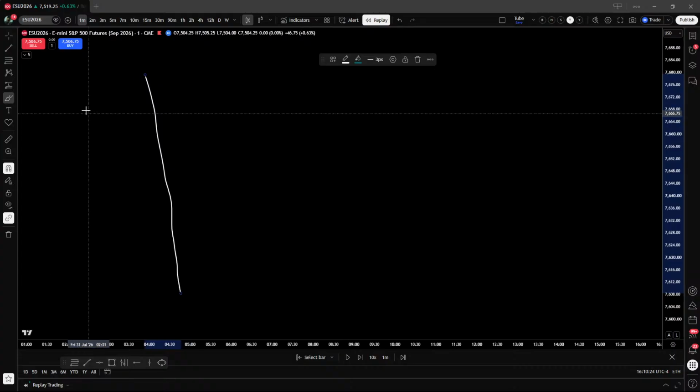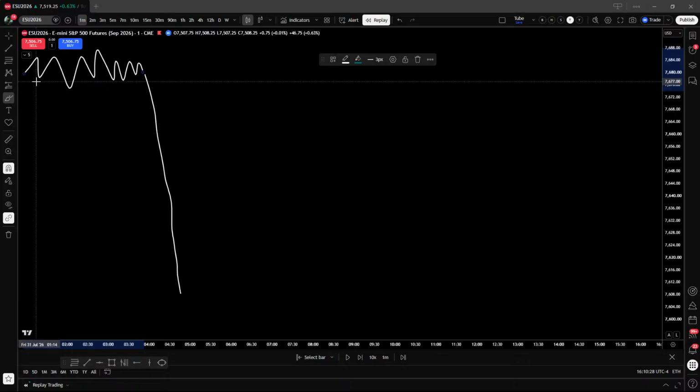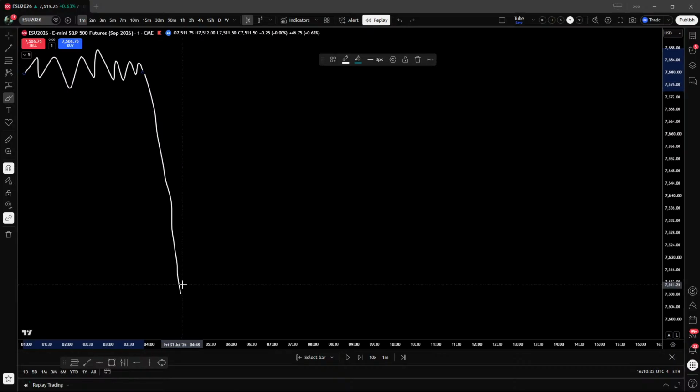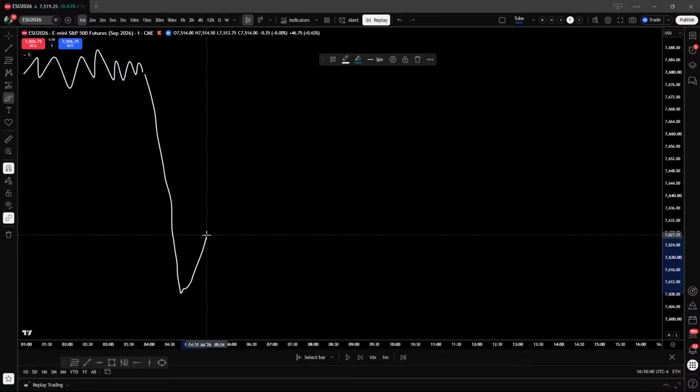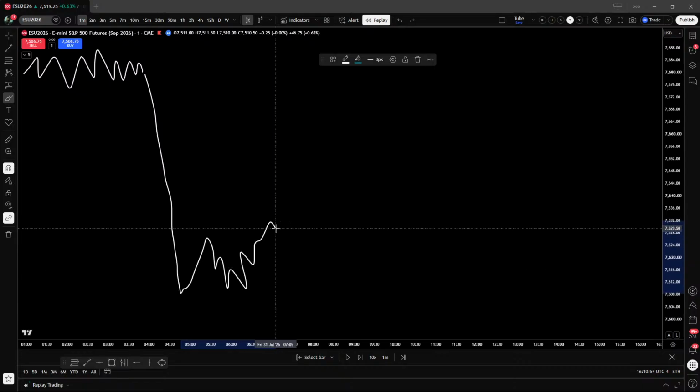Bigger move down. Maybe we had some kind of consolidation or distribution over here, and the price just goes down. Then it starts to slow down, maybe, and makes one move like this, and then whatever, keeps starting to accumulate.